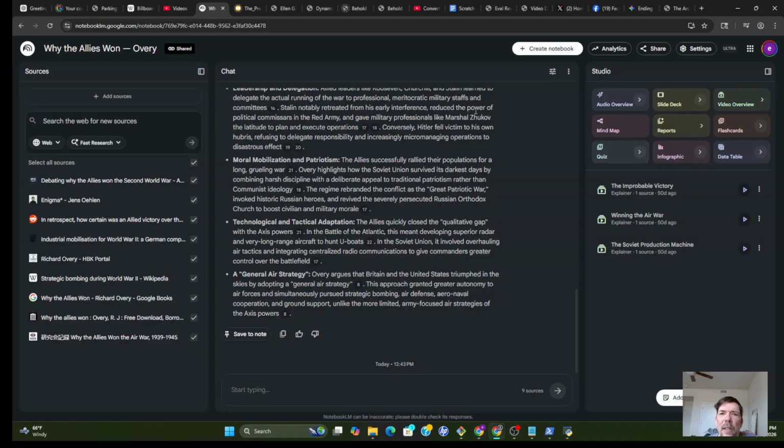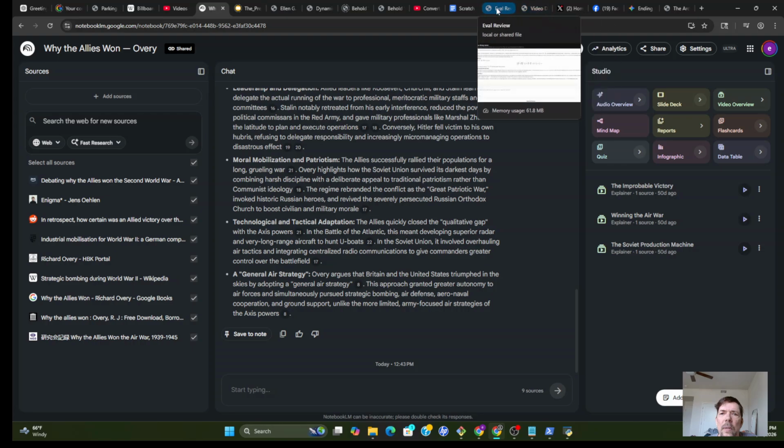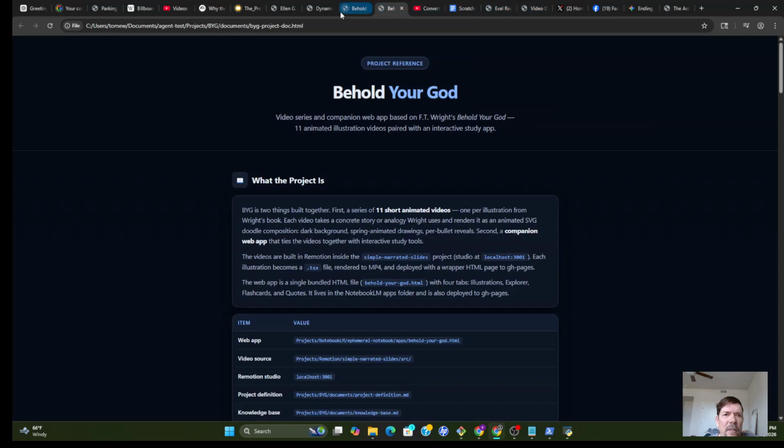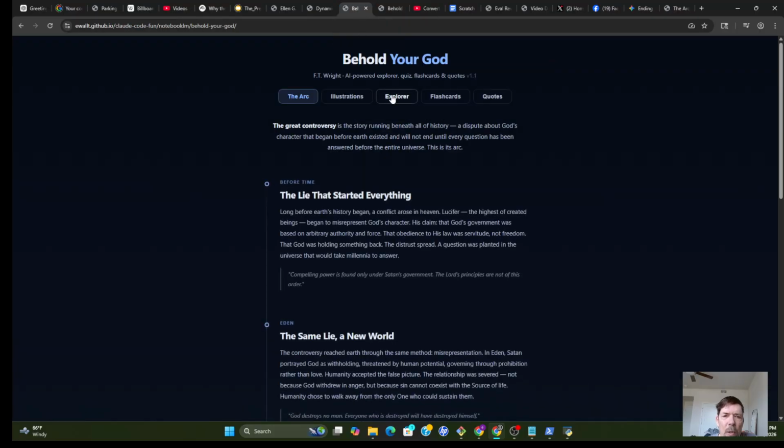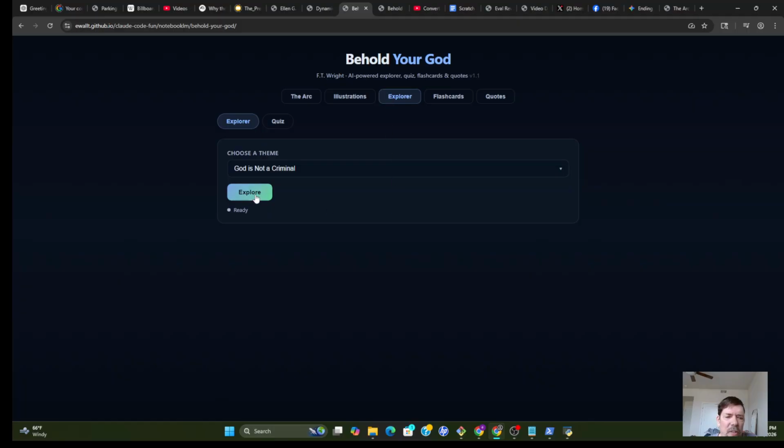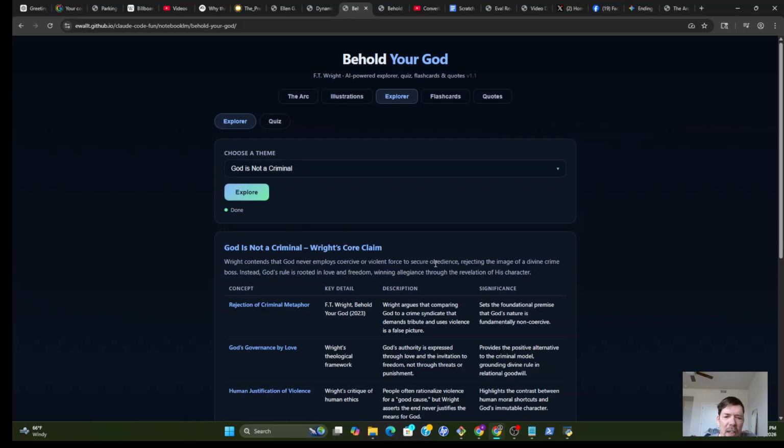Let's see if I have one here that illustrates that. I think I do. Here, maybe. This Explorer, so that's what this Explorer does. I click on Explorer, and this is using an AI brain inside, generating content.